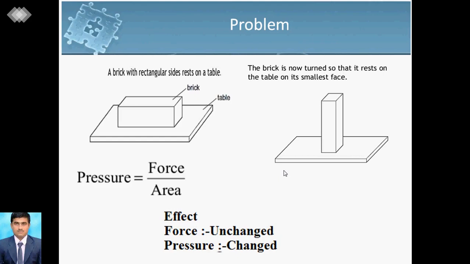Effectively the force is unchanged because the force is the same, but the pressure will change because the area will change. Here the maximum area is occupied and here less area is occupied. That's why the pressure will be increased, right? So this is the second example.